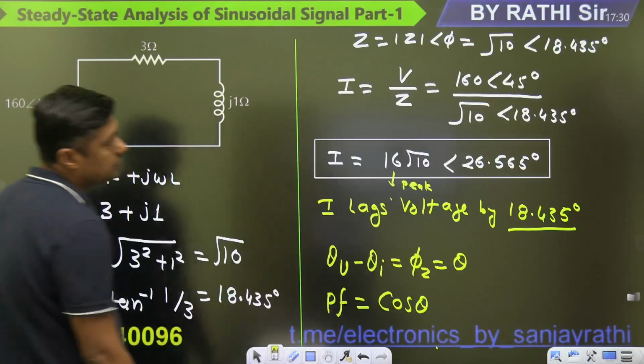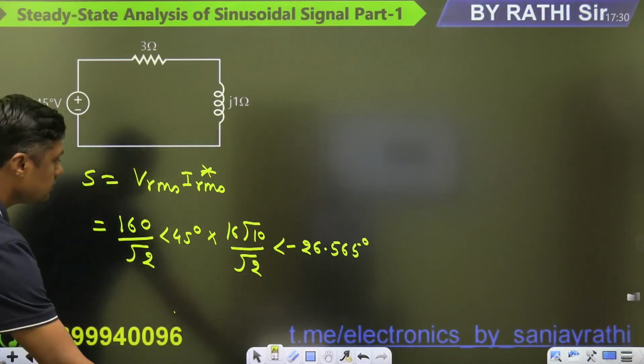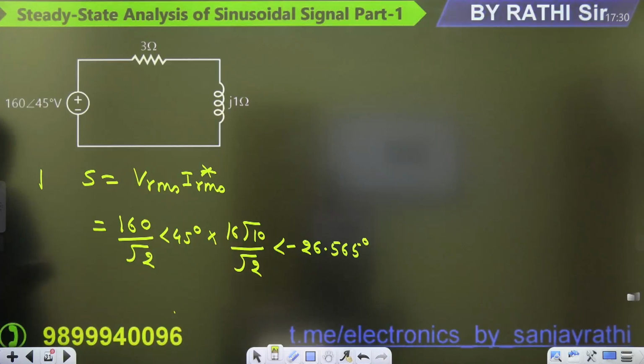Now multiply it: 160 into 16 divided by 2 into root 10, that is 4047.71.